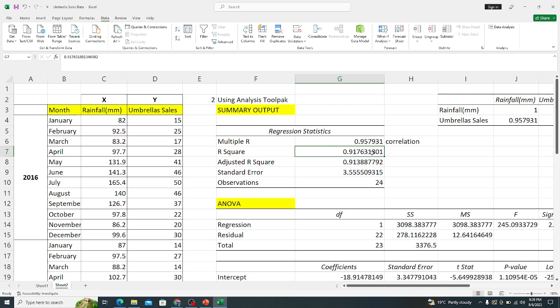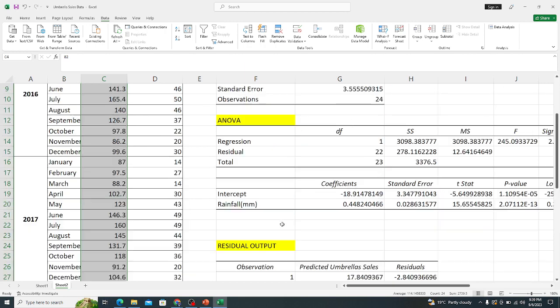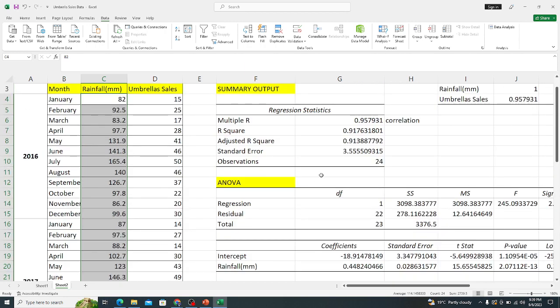So we can say 91% of this data was used to build our model, or 91% of our data was consumed while building a model. We can say the performance of our model is 91%.